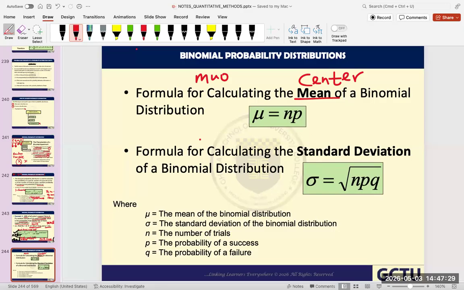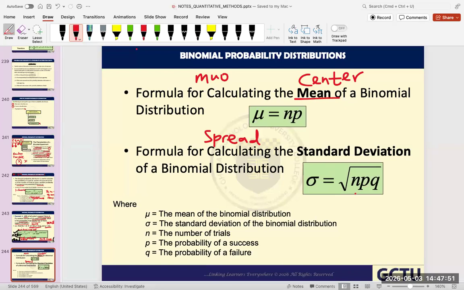Then for the spread, which is also called the standard deviation in this case, it says just pick your uppercase sigma, and find the square root of these three symbols you are seeing here in the question.